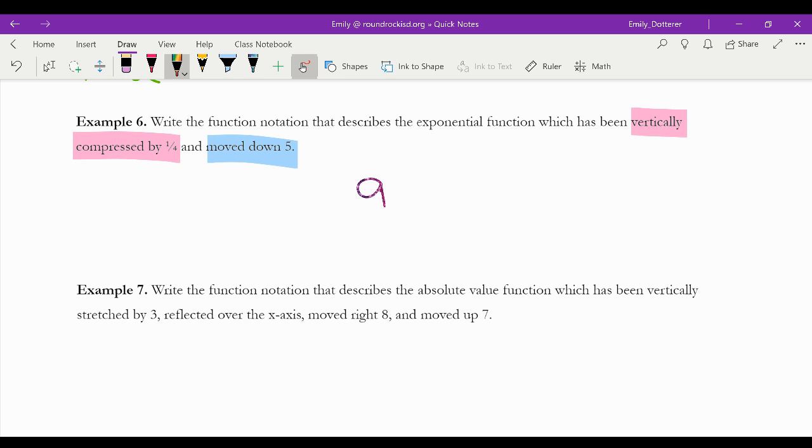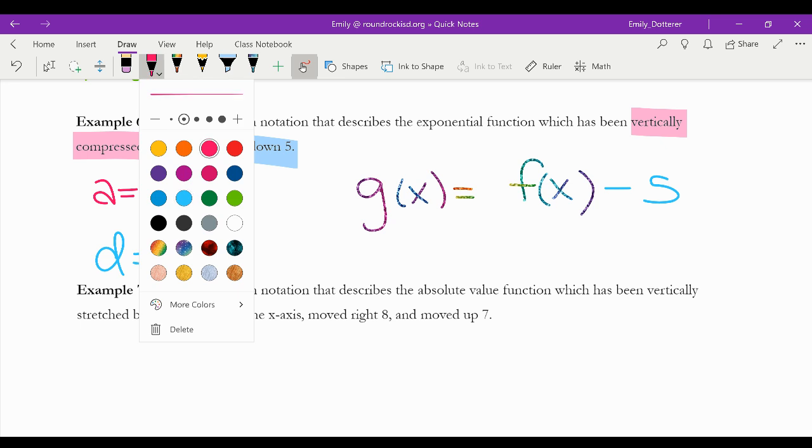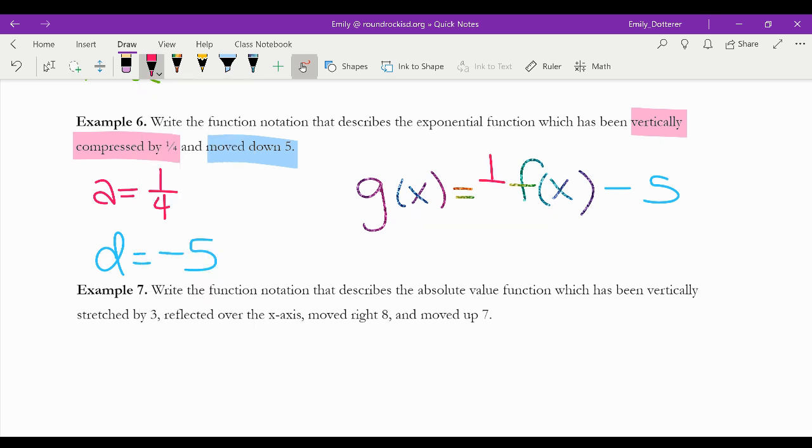So when we end up doing this, we don't have to leave a space for a c because there's nothing happening with that this time. We do know that the a value is 1/4 because that's what it's being compressed by. And we know that it's going down 5, so that'll be a negative 5 on the end. It doesn't say anything about a reflection, so that a value will be a positive 1/4.